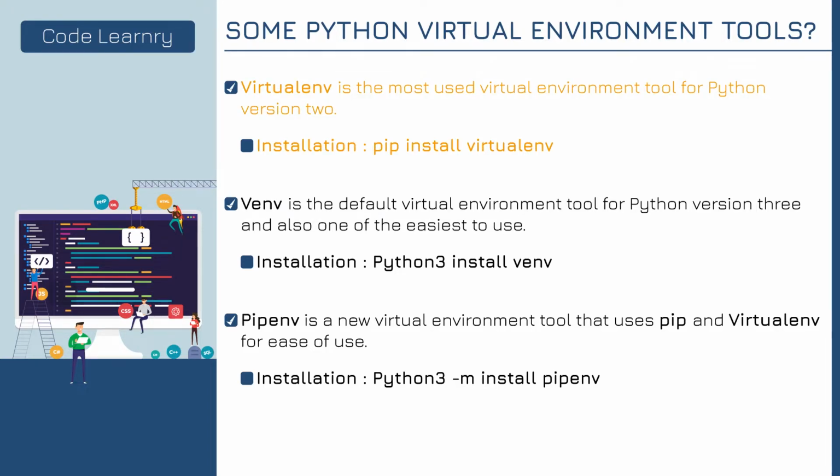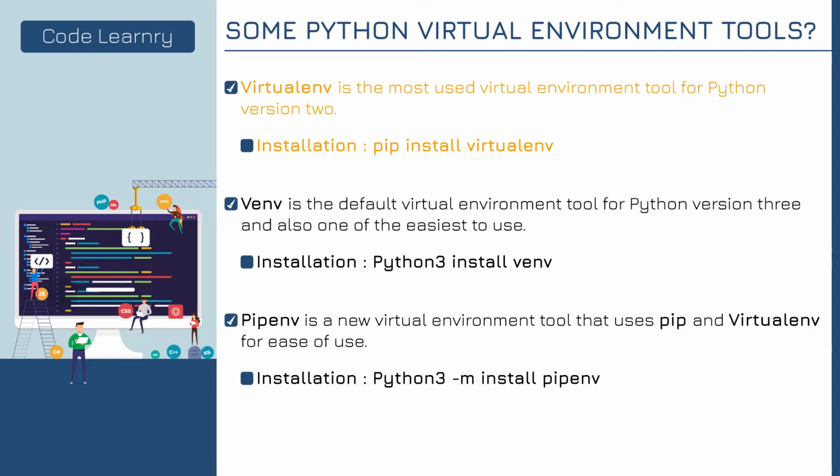So virtualenv is a third-party dependency managing tool used for creating and managing the dependencies for Python projects. Now, virtualenv is the most used and also most popular virtual environment module for the Python version 2 programming language.